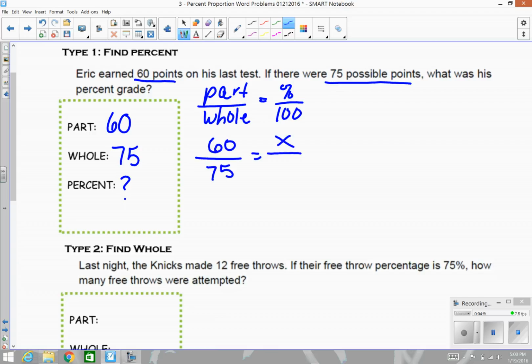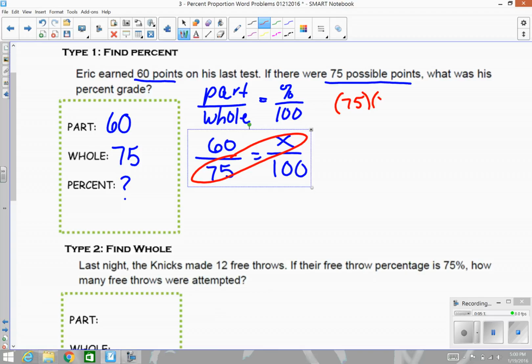X will represent the percent we're trying to find out of 100. And our next step is to cross multiply. Okay, so we have 75 times x set equal to 60 times 100.